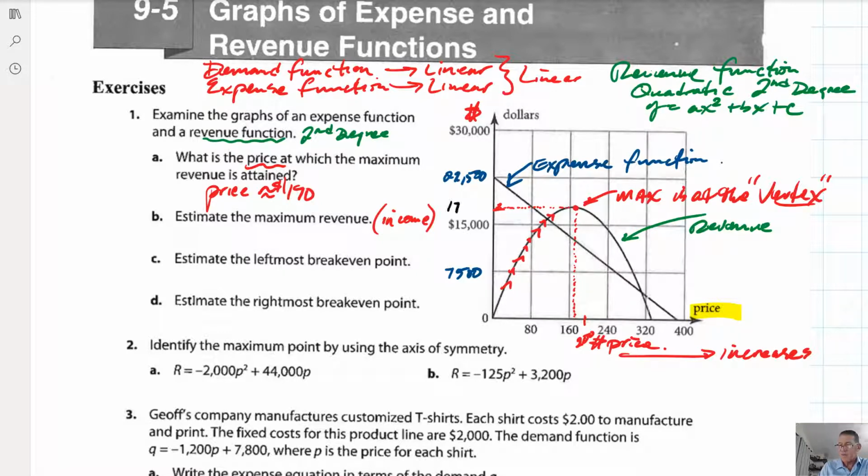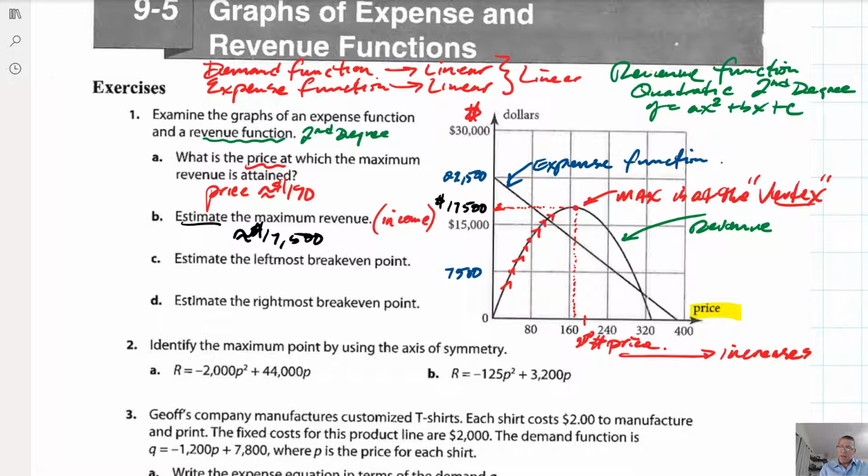So 17,500. This is an estimate, an approximation. So this maximum revenue is approximately equal to 17,500. I don't know exactly what it is in this situation because the scale is too big, so we're just asking for an estimate. Just look at the graph and give me an estimate.